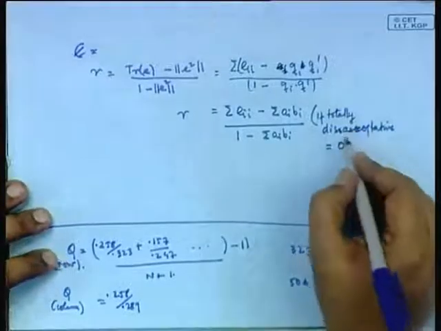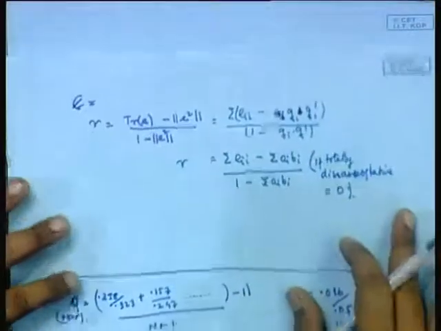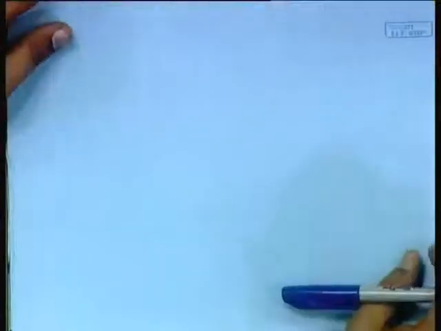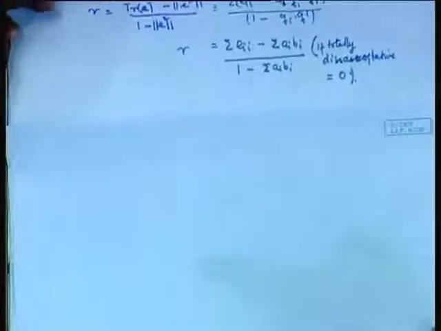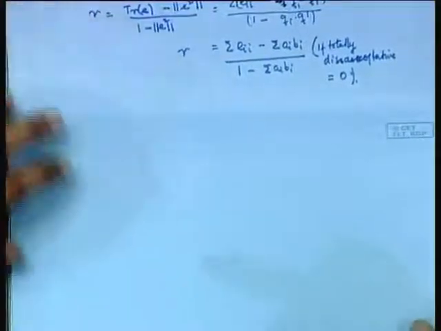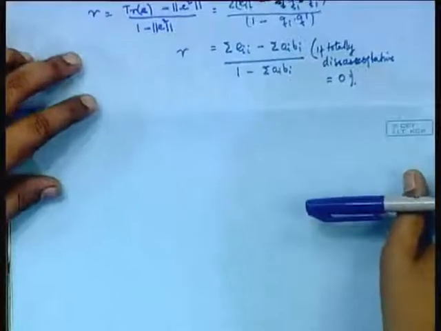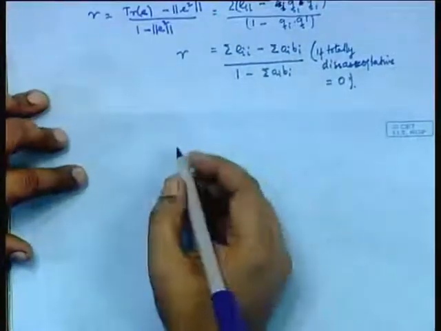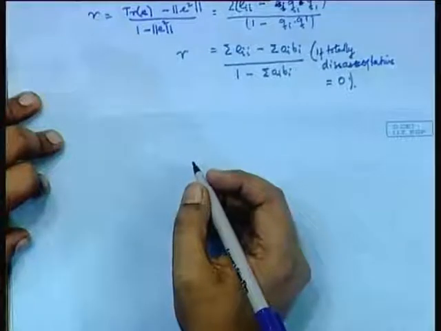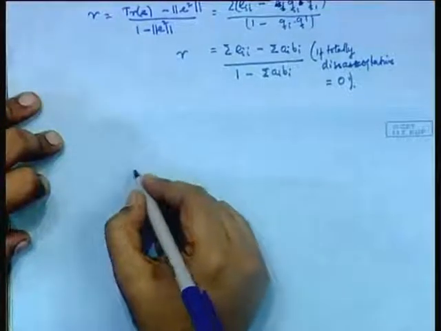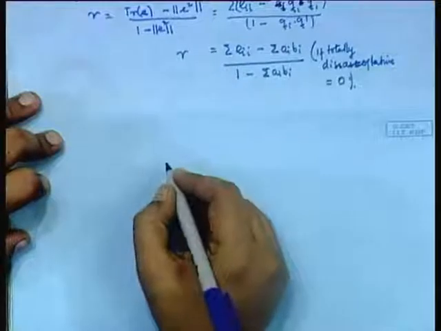Let us analyze this formula and see what happens. When it is totally disassociative, the row is independent of the column.